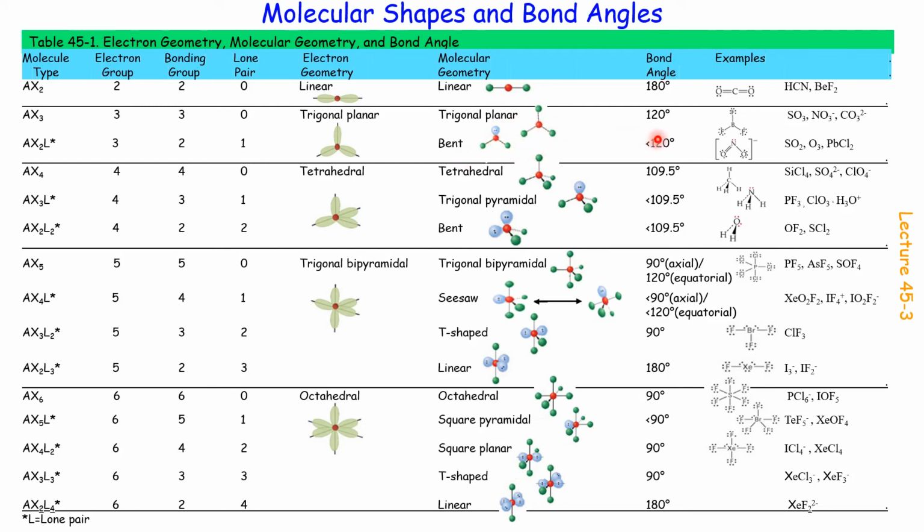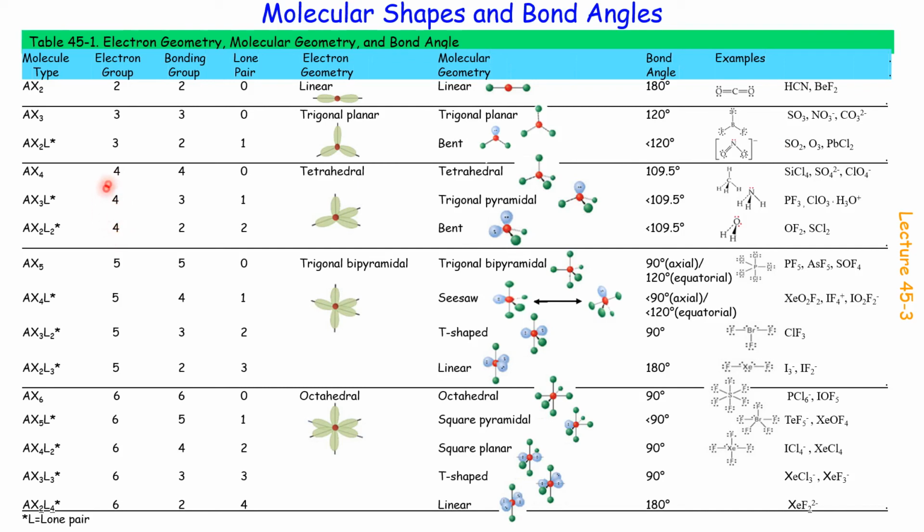So the bond angle here is less than 120 degrees. The reason it's less than 120 degrees is because the lone pair electrons occupy more space, and that squeezes those 2 bonds a little bit toward each other. As a result of that, the bond angle is less than 120 degrees. And here are the examples with bent shape.